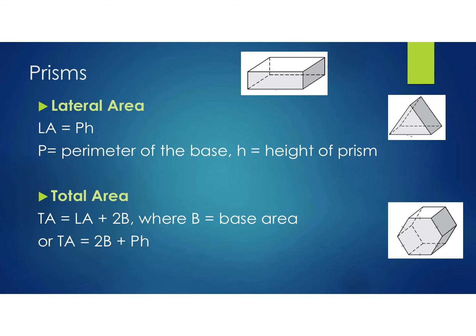The formula to find the lateral area of a prism is the perimeter of the base times the height of the prism. For the total area of the prism, that will be the lateral area plus 2 times the base area, where the capital B represents the area of the base. And again, lateral area will be perimeter times height.